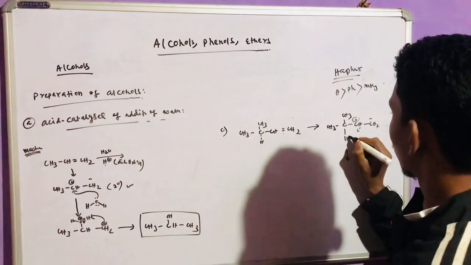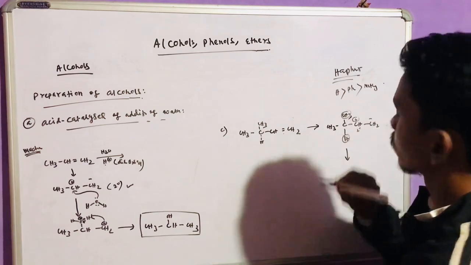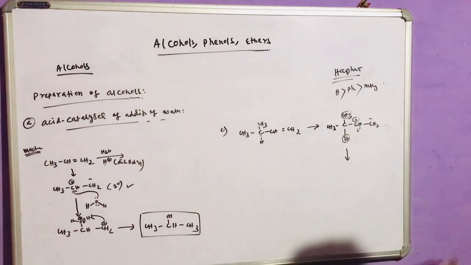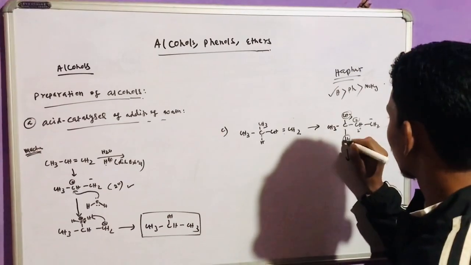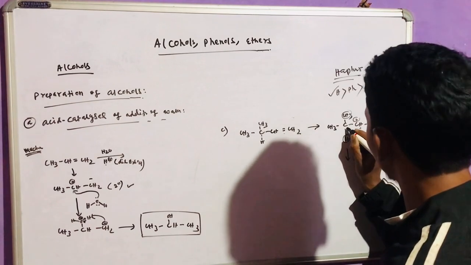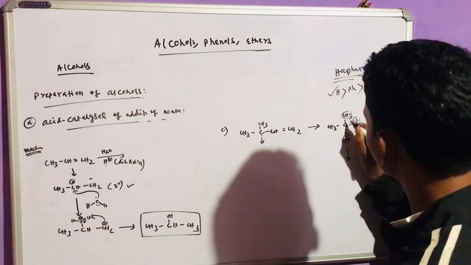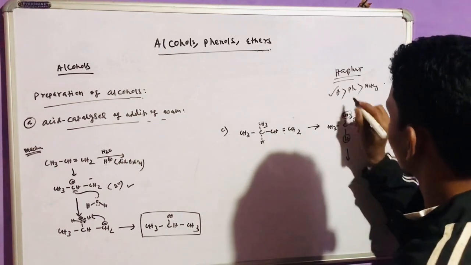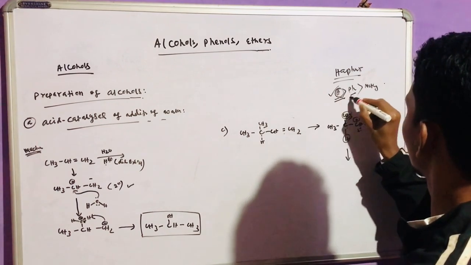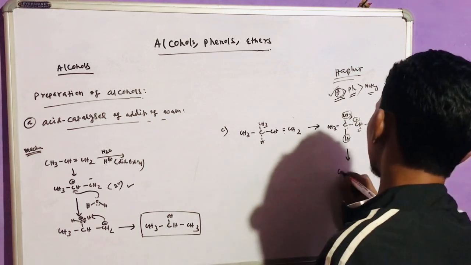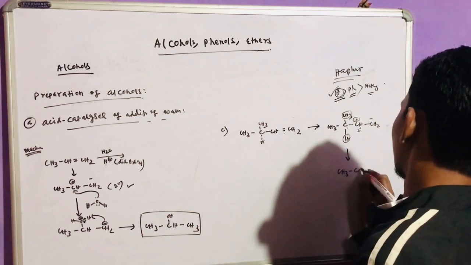Here a hydrogen is there and a methyl group is there, so first the hydrogen is preferred. Since it is 2 degree, if the hydrogen shifts here, this becomes 3 degree. Both CH3 and H can shift, but the order is first hydrogen, then phenyl, then methyl. So H will shift.